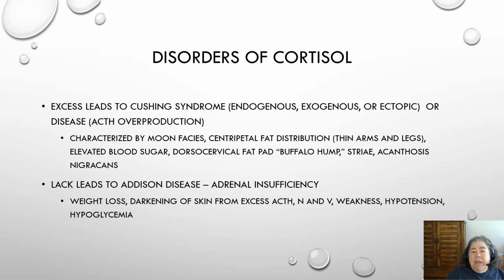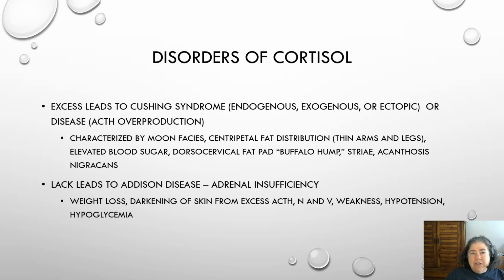But if we either get too much exogenous cortisol or cortisol-like substances, things like prednisone, or if we're making too much in the adrenal gland, or if we have an ectopic adenoma somewhere that's just churning out corticosteroids, we get Cushing syndrome. So that's the difference between Cushing syndrome and Cushing disease.